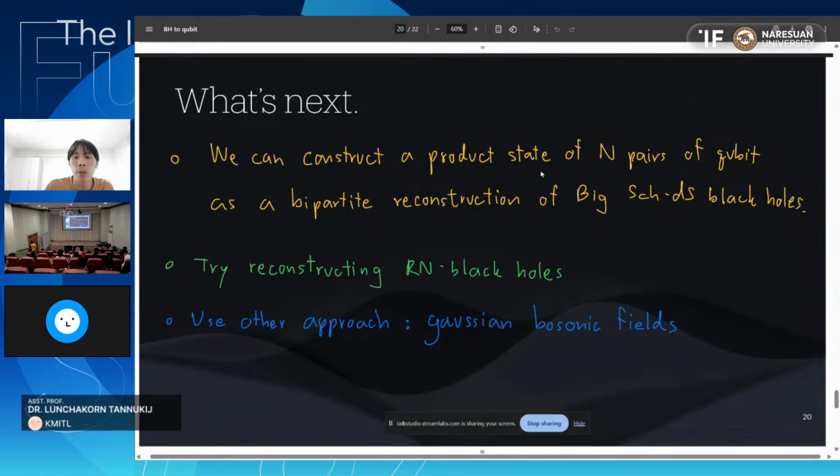The first one we tried already, but the second one is that we are also trying to do the same reconstruction of the Reissner-Nordström black hole as well, because the Schwarzschild-de Sitter black hole can be quite an extreme example, because the cosmological horizon can be really big.